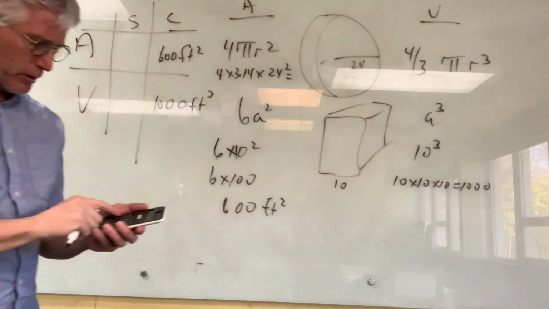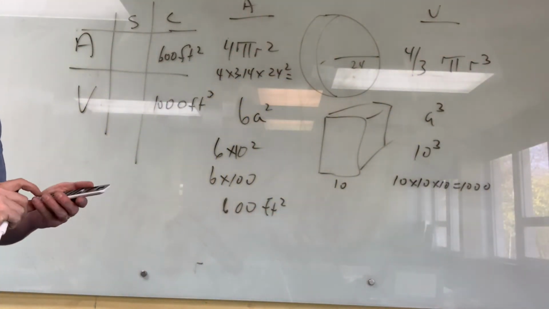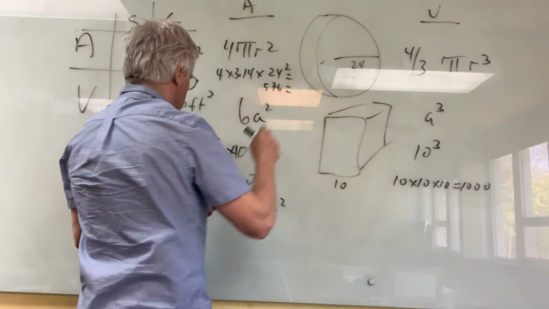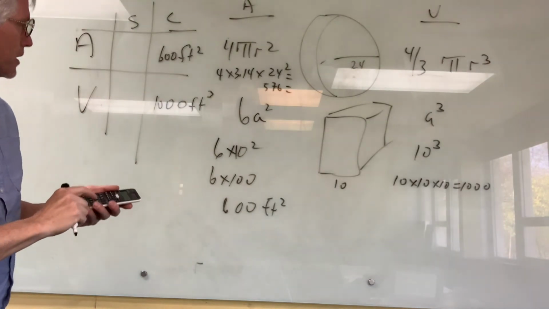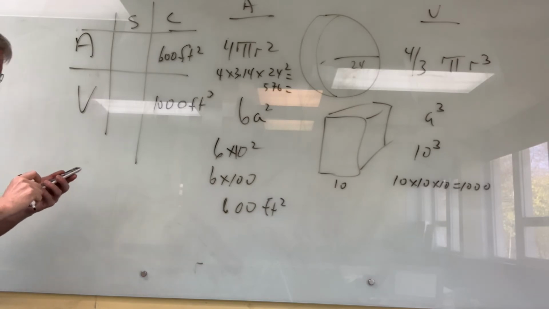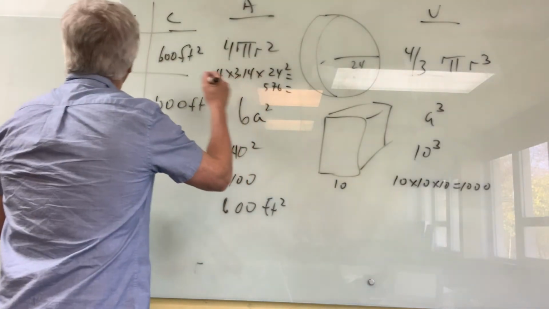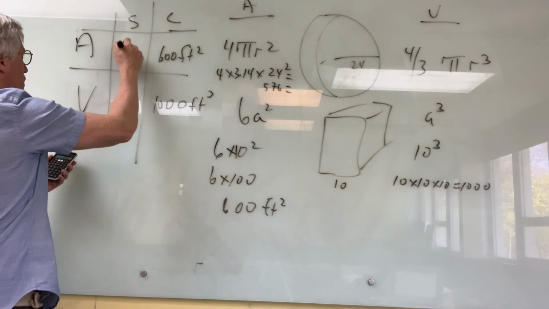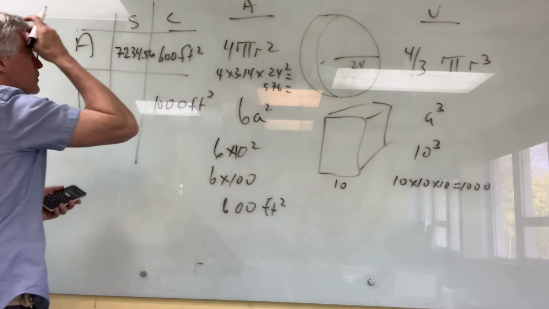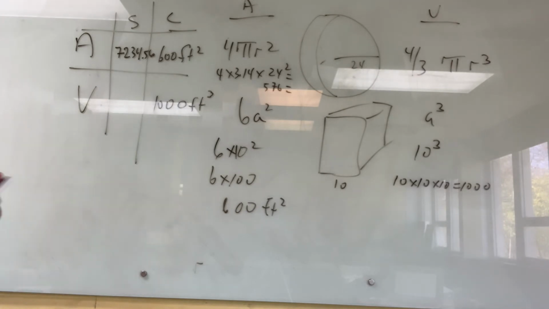So let's just quickly do it to compare your answer. 24 times 24, 576. So let's do it. 4 times 3.14 multiplied by 576, and I come up with a total area of 7,234.56.